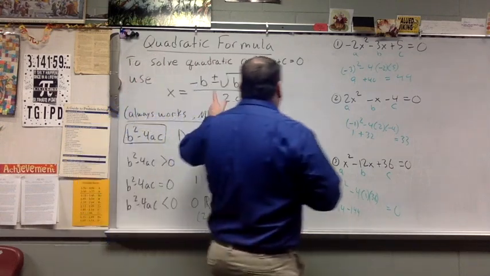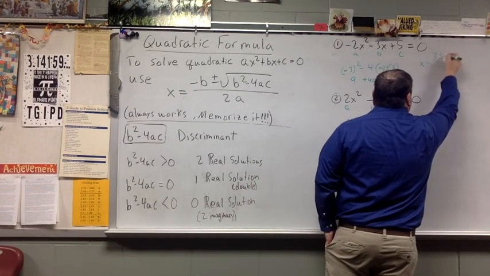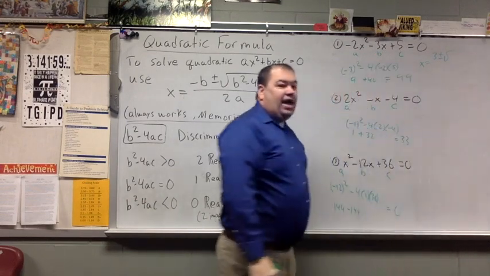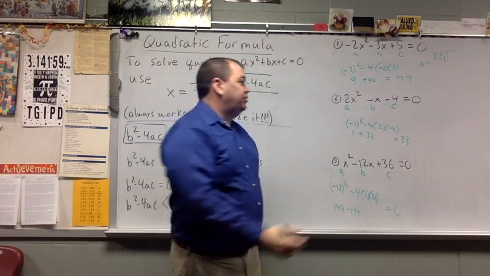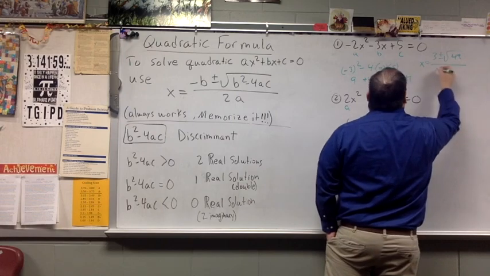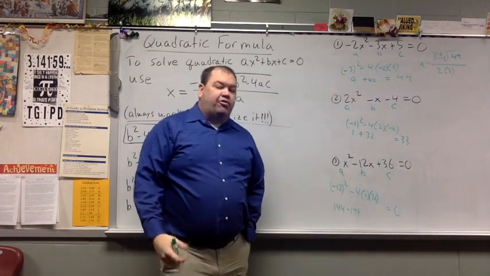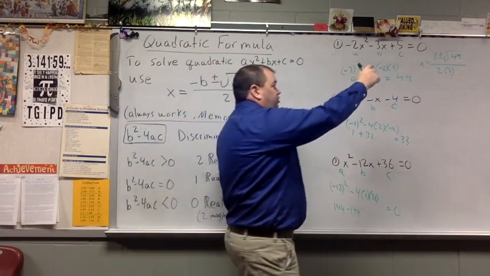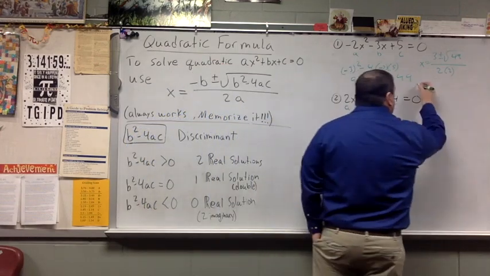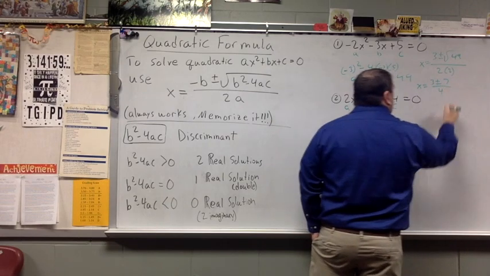The quadratic formula says opposite of b plus or minus square root, and I have that number already. That number is 49. So the square root of 49 all over 2a. So I've got a piece of my quadratic formula sitting there. I can do the square root of 49. So x is equal to 3 plus or minus 7 all over 4.